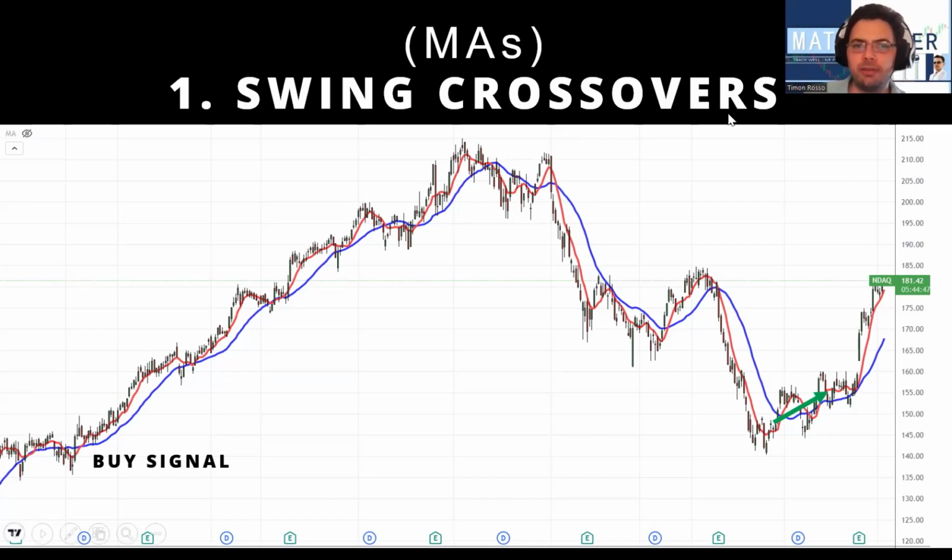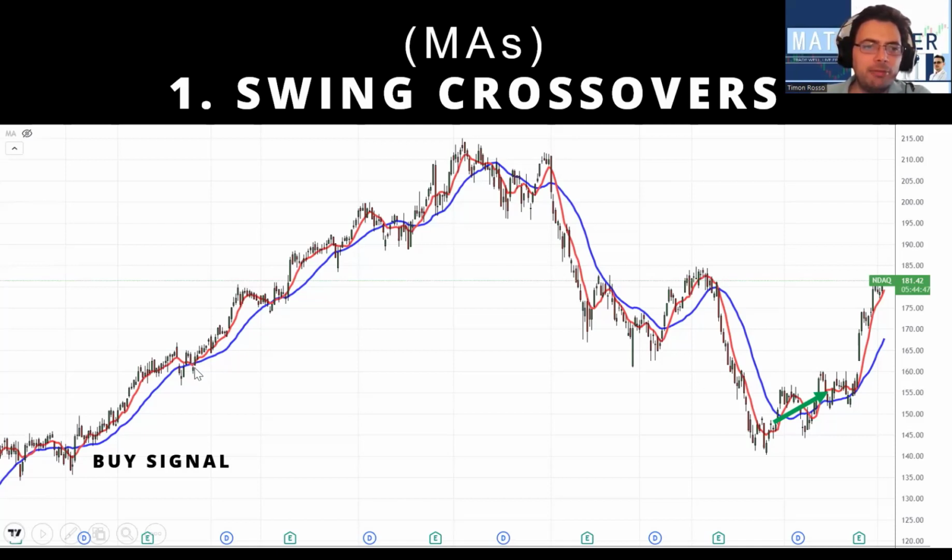With the swing crossovers, for example with the 7 moving average and the 21 moving average, the buy signal is when the 7 moving average crosses above the 21 moving average. When the price confirms and opens above, that is where you go long. You buy at this level, hold, and wait for the market to cross over and confirm.